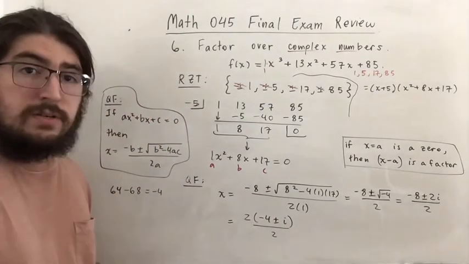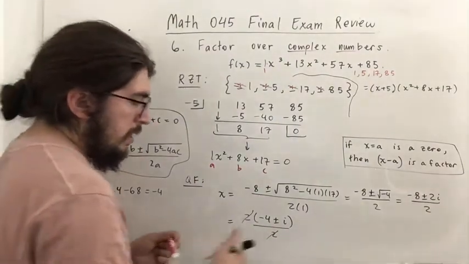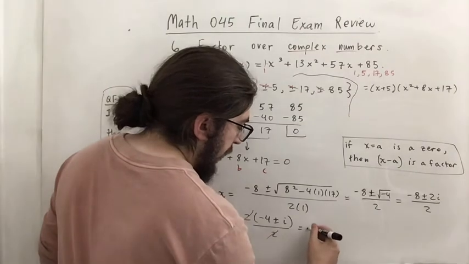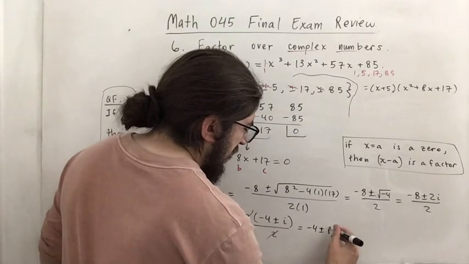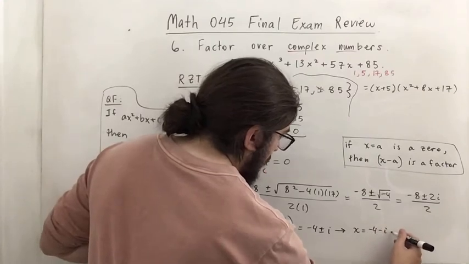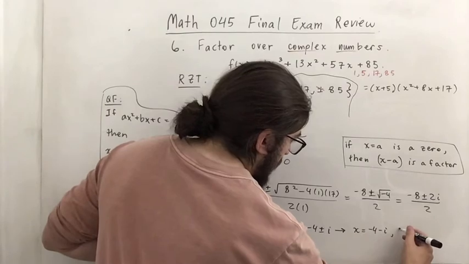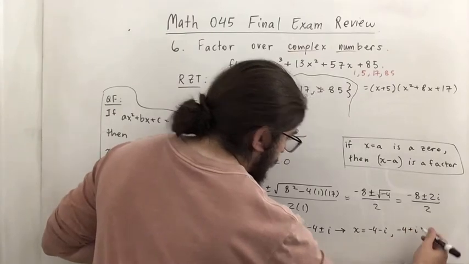And now that factor that we pulled out, that 2, cancels this 2, and we're left with negative 4 plus or minus i. Which means we have two solutions really. x is either equal to negative 4 minus i, or x is equal to negative 4 plus i.